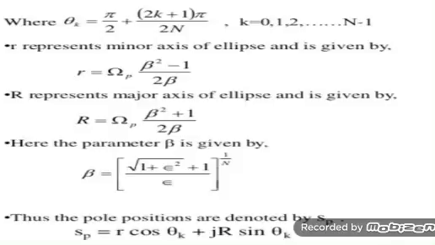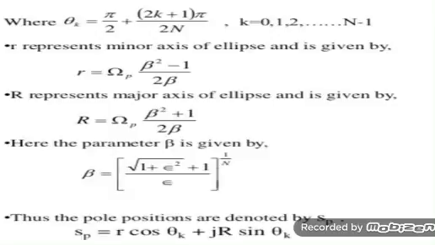Small r represents minor axis of ellipse and is given by r equal to σp into (β squared minus 1) by 2β. Capital R represents major axis of ellipse and is given by capital R equal to ωp into (β squared plus 1) by 2β.